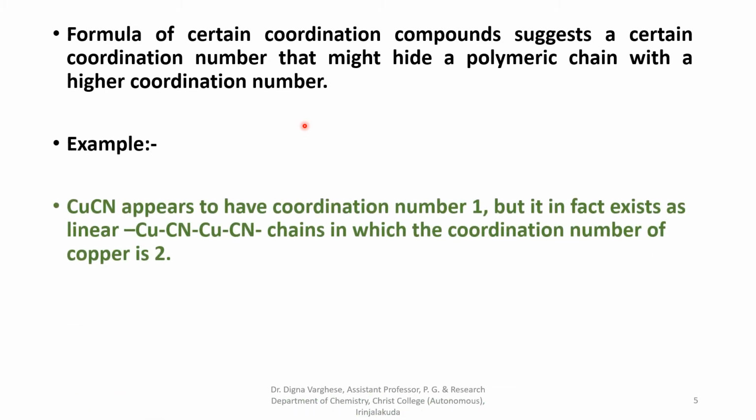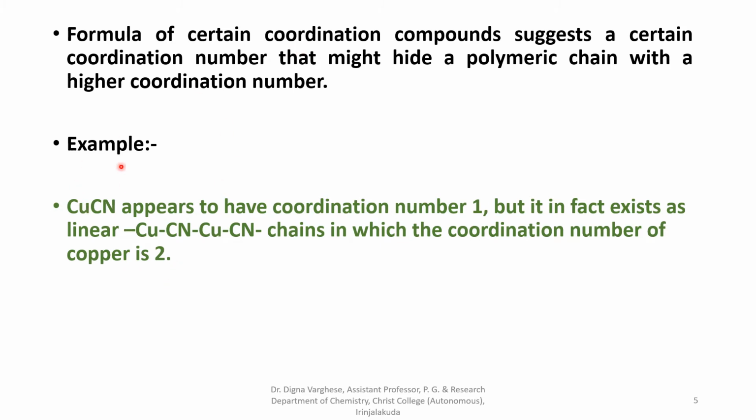For example, copper cyanide, CuCN, appears to have coordination number 1, in which copper is attached to one ligand only. But in fact it exists as linear CuCN chains, in which the coordination number of copper is 2.